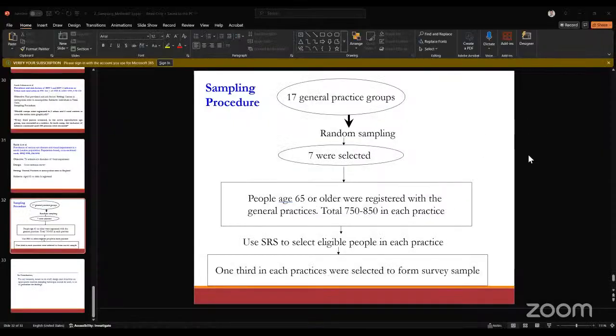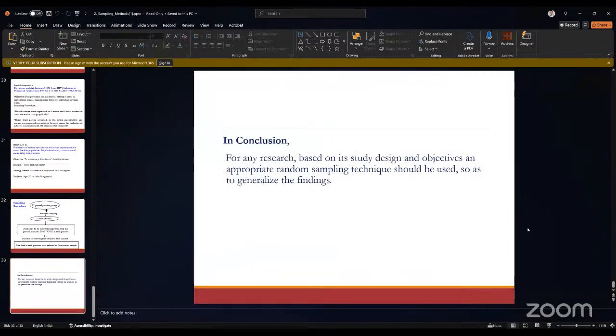Open the next slide. So this one, or should I switch to the third one? Third one. Okay.